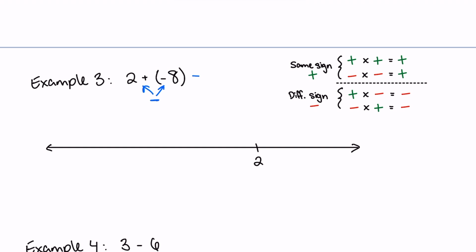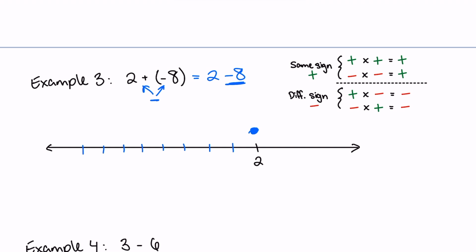So that means we can rewrite this as 2 minus 8. And now we know we're subtracting, and now we know we're going to the left by 8 spaces. So all we're going to do is draw a dot above our first number, so above that 2, and we're going to be moving to the left 8 spaces. So we can write that in right now. 1, 2, 3, 4, 5, 6, 7, 8.